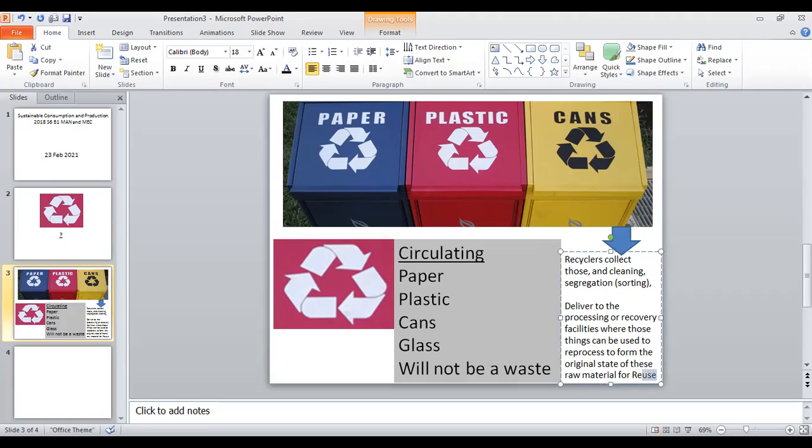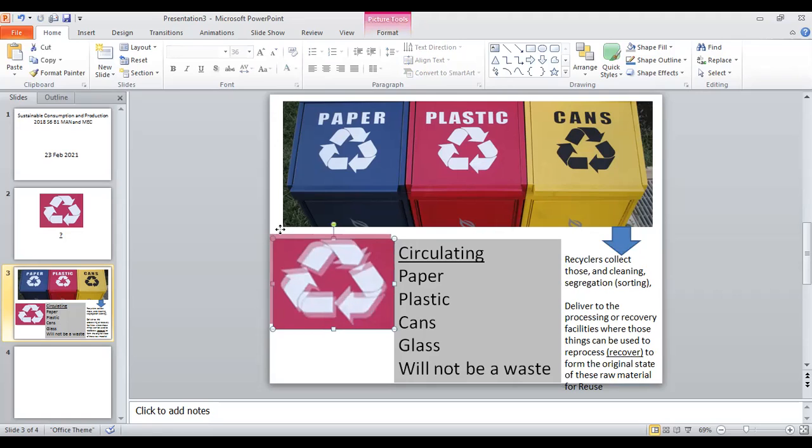So we call this recover. There they do this recovery to form the original state of this raw material for reuse. Quite interesting.